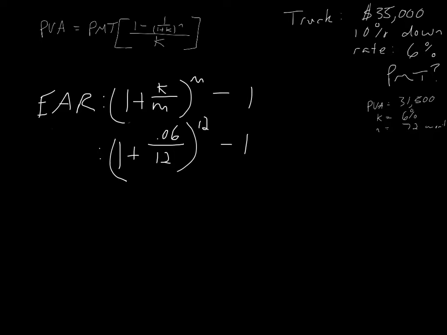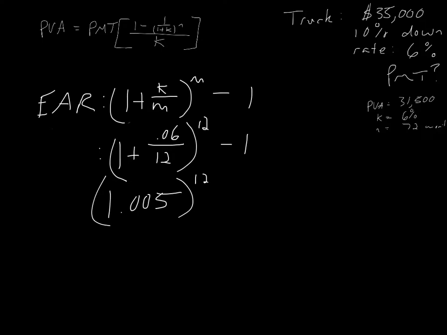Let me do it on my computer's calculator because it's better than my calculator. 0.06 divided by 12, 0.005. Alright, so we have 1.005 raised to the 12th, so we need that. So I'm going to go ahead and find that real quick.